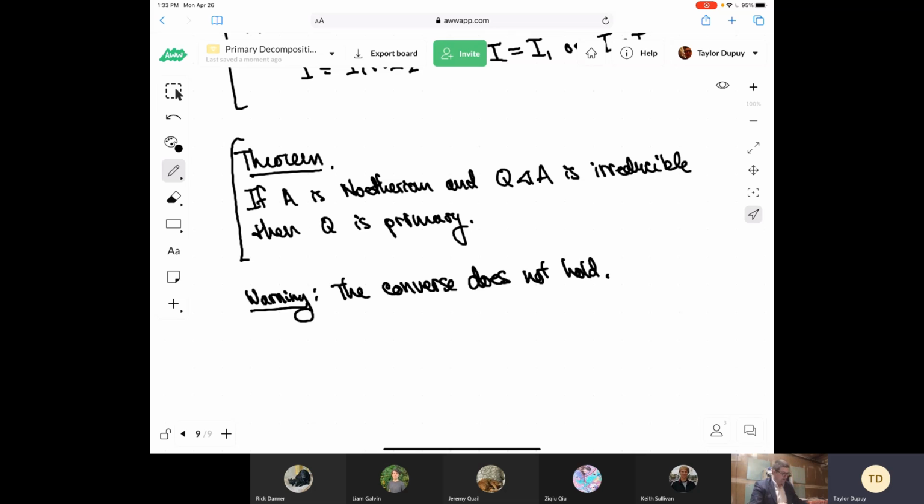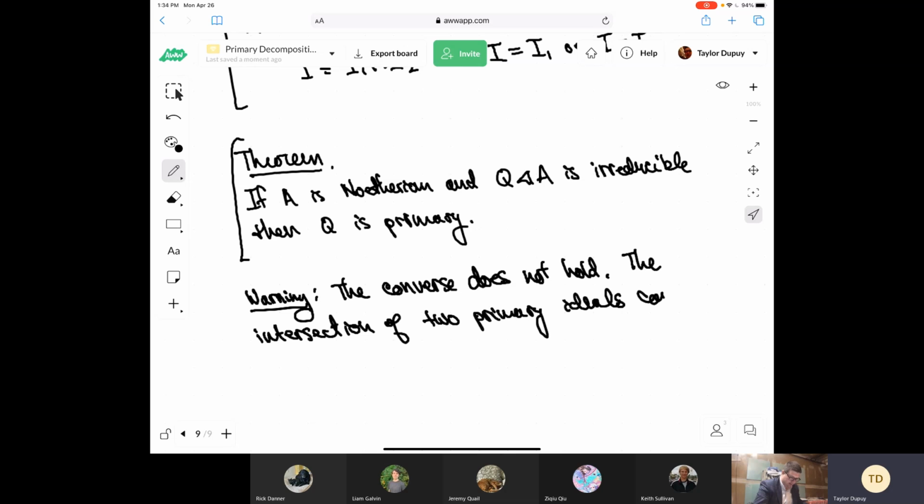You can have the intersection of two primary ideals give a non-trivial primary ideal.